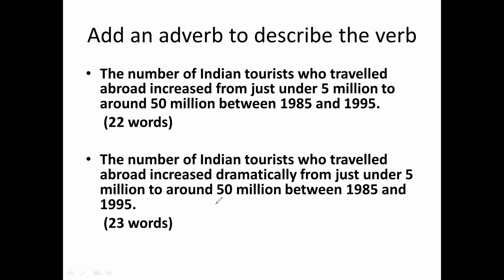What we could do rather is: the number of Indian tourists who traveled abroad increased dramatically from just under 5 million to around 50 million between 1985 and 1995. We added the word dramatically just after increased. Increased is a verb and dramatically is an adverb. This way we increase the length of the sentence from 22 words to 23 words.